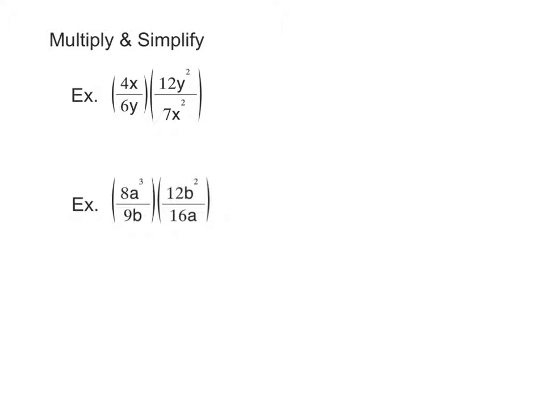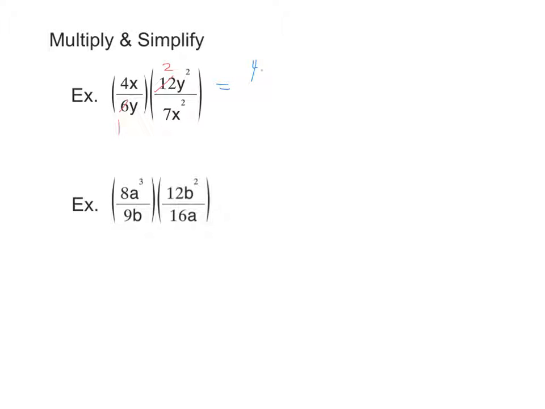Next, we're going to multiply. One thing I suggest is that you reduce the numbers first, then we'll take care of the variables. For example, 6 goes into 12 twice. I think that'll make the numbers a lot more reasonable to work with.